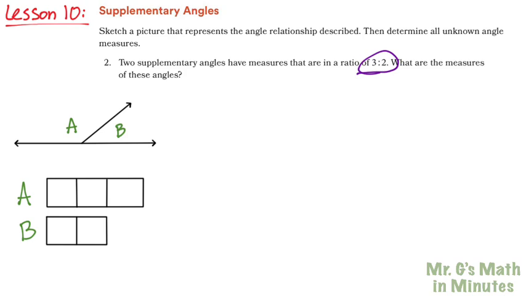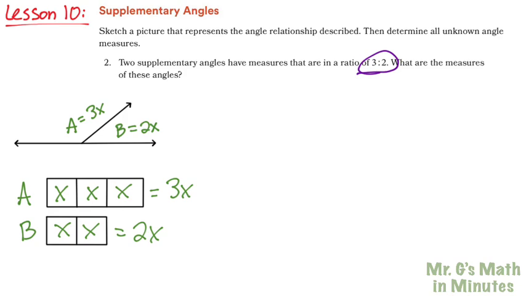Now what's going to go inside those boxes? Well, I don't know. And because I don't know what it is, I'll go ahead and put a variable. So this shows you using these tape diagrams that A is going to be equal to 3x, while B is equal to 2x. So A is 3x's, B is 2x's.